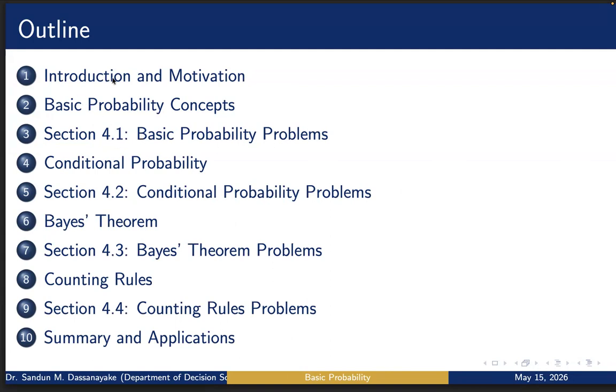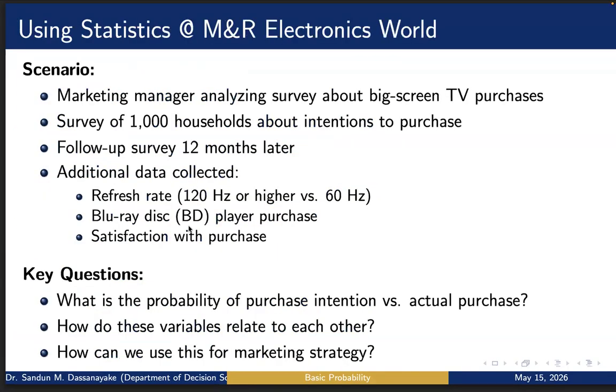So we can go through them. Introduction and motivation, basic probability concepts, conditional probability, basic probability problems, and then counting rules and summary and applications. This would be very useful for you when you are doing your experimental design, and particularly understanding the patterns in your experimental rubric.